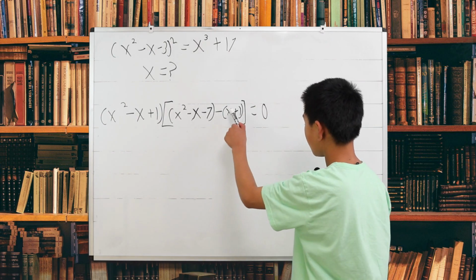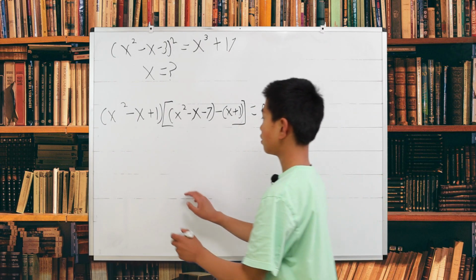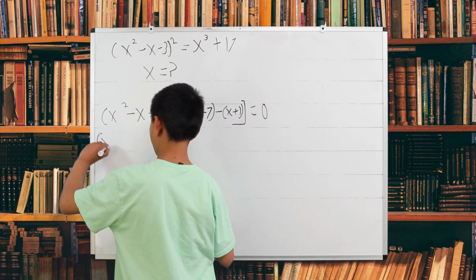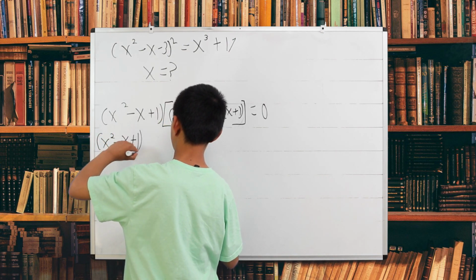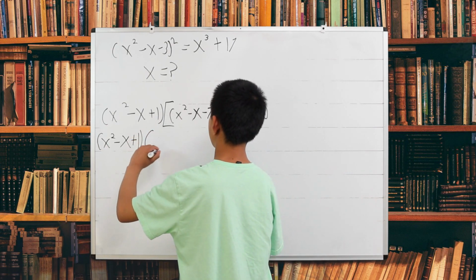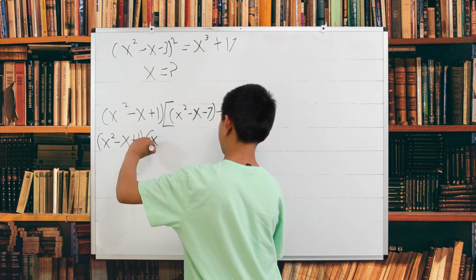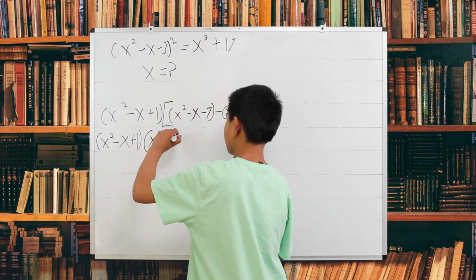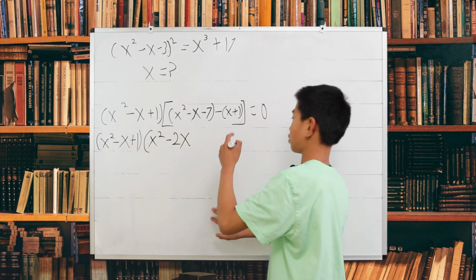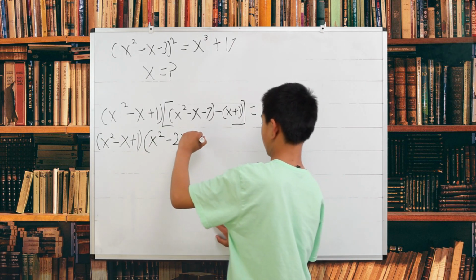We can figure out this inside, which is pretty easy. So it's going to be (x² − x + 1) times, the inside is just going to be x², since it's not being subtracted by anything, minus 2x, since you're subtracting x 2 times, and then a minus 8 is equal to 0.